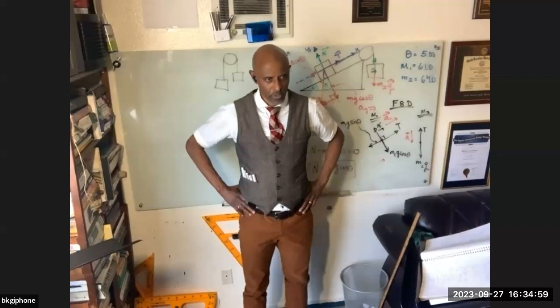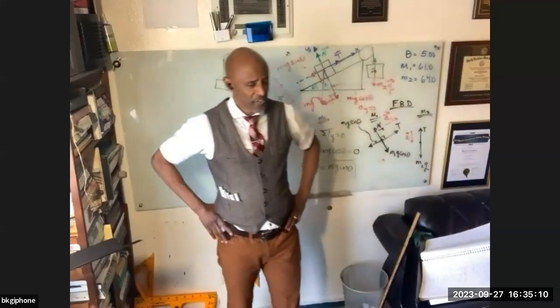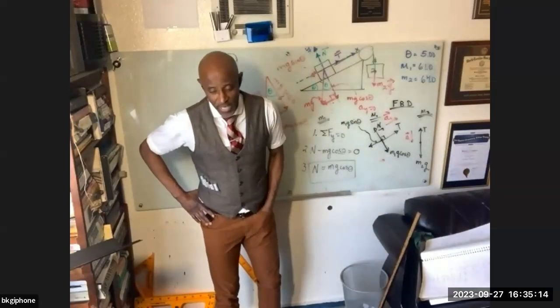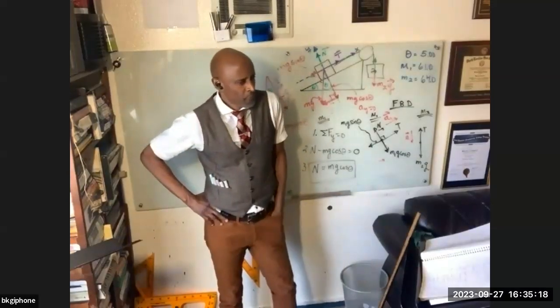Not 0.64, 0.064. I thought it would be 0.6. It's 1,000. So 64. I mean, I don't know. I'm terrible at this. 64 divided by 1,000 is 0.06, not 0.6, right? 64 divided by 100 is 0.6.